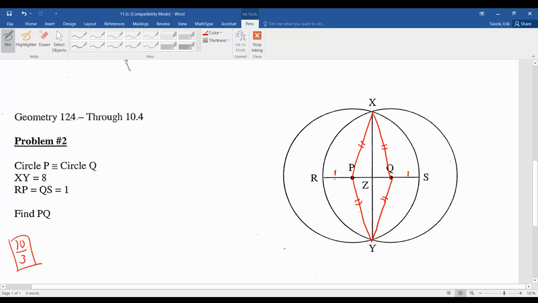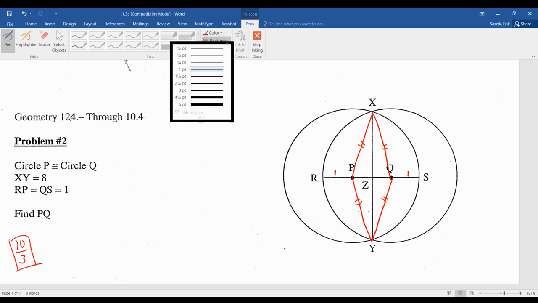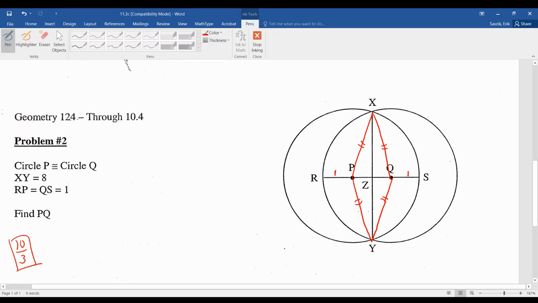This segment here that goes through the centers of the circles, it's going to be the perpendicular bisector of this common chord going up and down. Okay. We've discussed that before. You know, you can get that from the triangles being congruent. Now, that means that this upper part is 4. And I don't know what this is, but I'm going to call this x, and this would have to be x as well because these two triangles are going to be congruent.